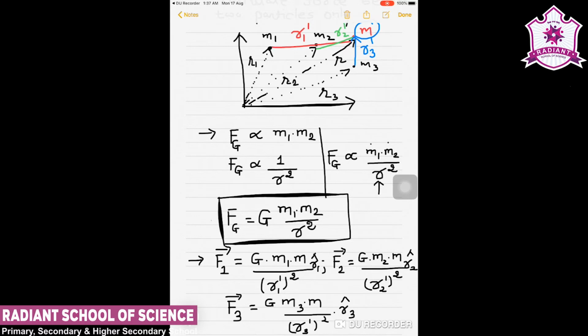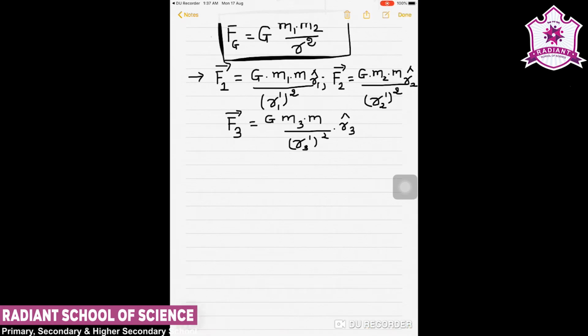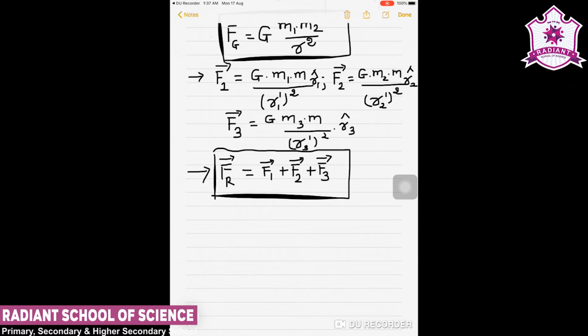Now what these directions are and all that we will learn in chapters 4 and 3. So here suppose the resultant force that we need, F resultant, say Fr, is equal to F1 plus F2 plus F3. So this is the method of how we can add up and calculate the total force acting on any particle due to other particles.